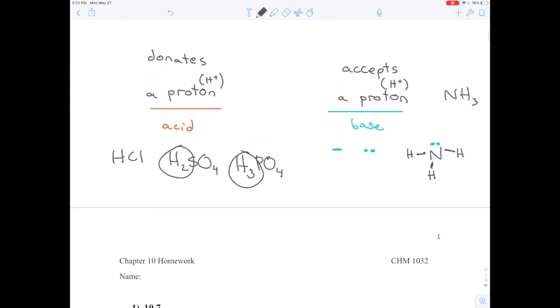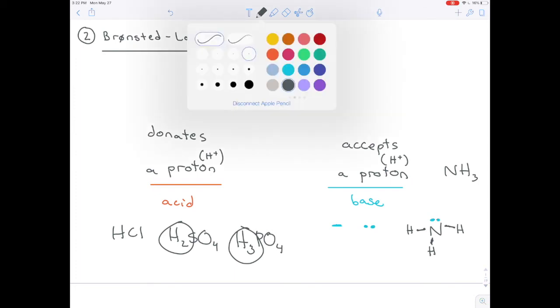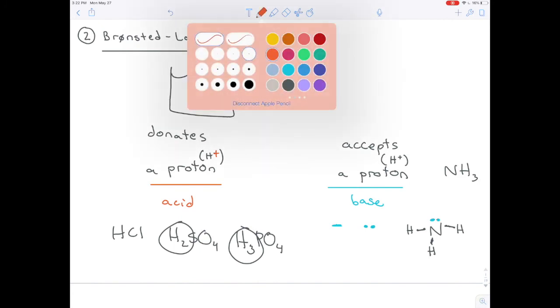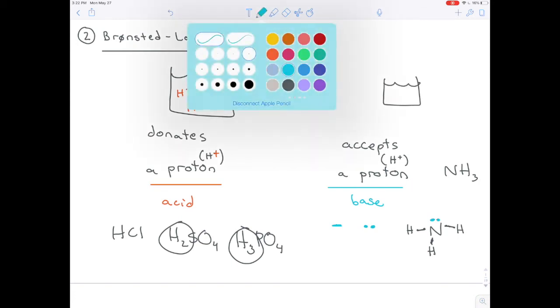Another thing to note, an important thing to remember, is why this is important. Who cares whether something is an acid or a base? If something is an acid, it will have a lot of plus charge in the solution. So you'd have a lot of H+. If something is a base, you would have a lot of negative charge in the solution.